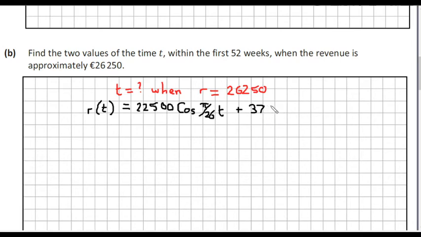Again, we're looking here for the time. What time is it when the revenue is 26,250? So we're going to replace the left hand side here with 26,250, and then the only unknown in this equation is t. So then we should be able to solve for t then.